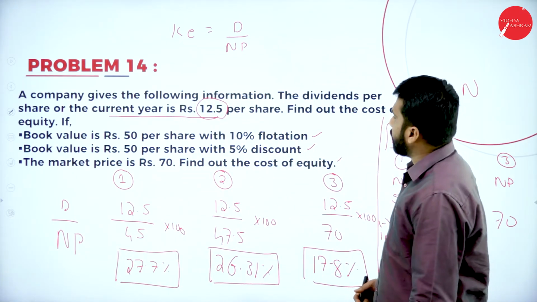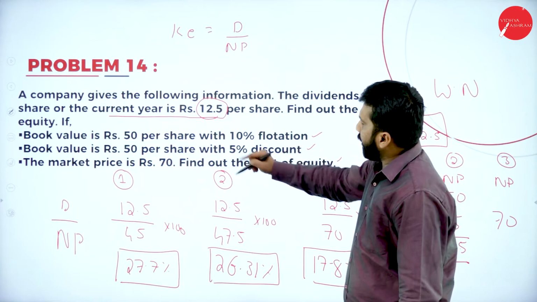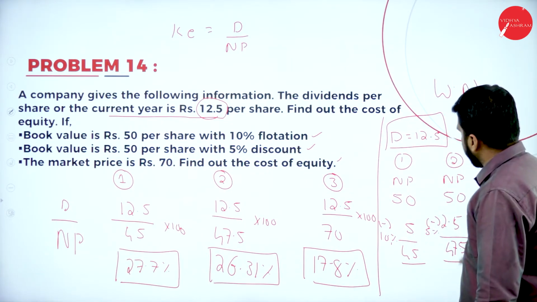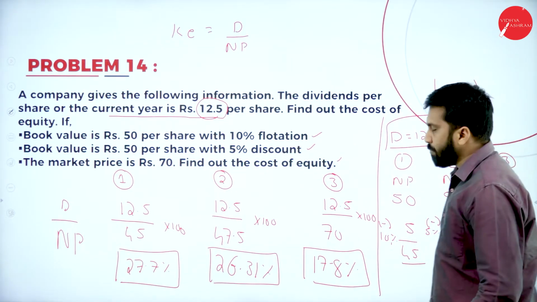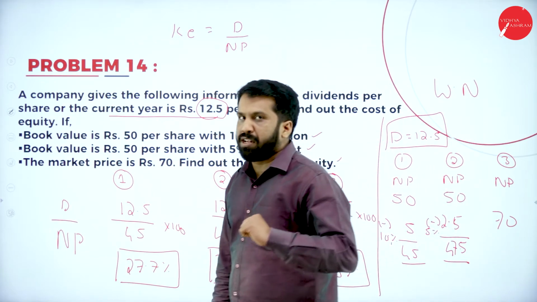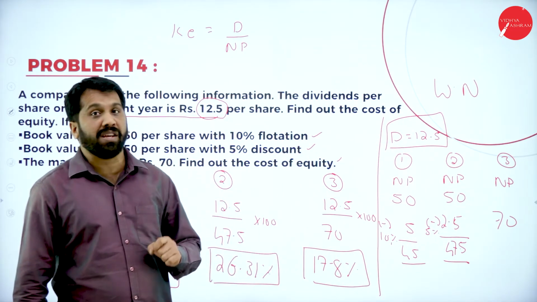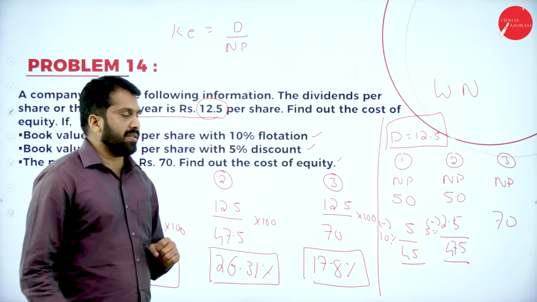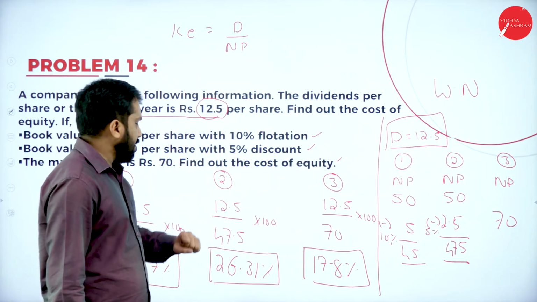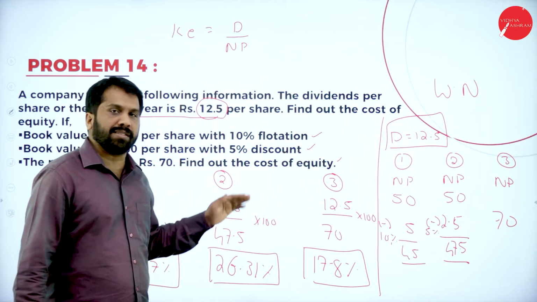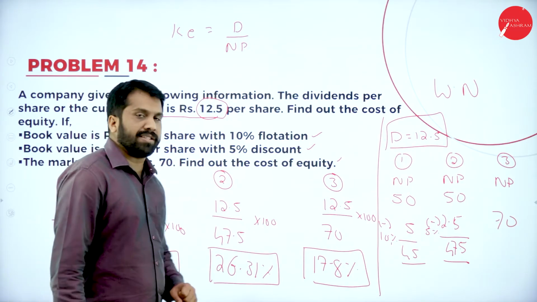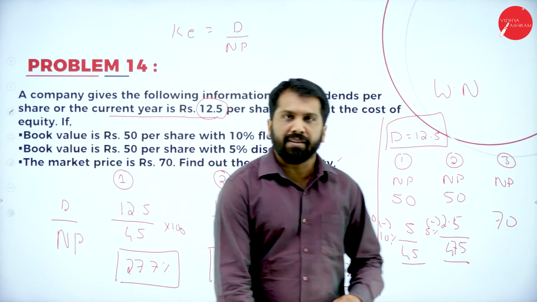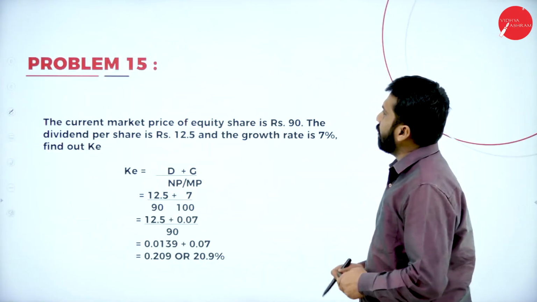I have done mistake here. It was 5%, but I took it as 10%. But if it is 5%, it must be 2.5. From 50, if you minus 2.5, it must be 47.5. 47.5 will be your net proceeds. Calculate, you will get 26.31. Hope you are clear. I'll go for the next one.